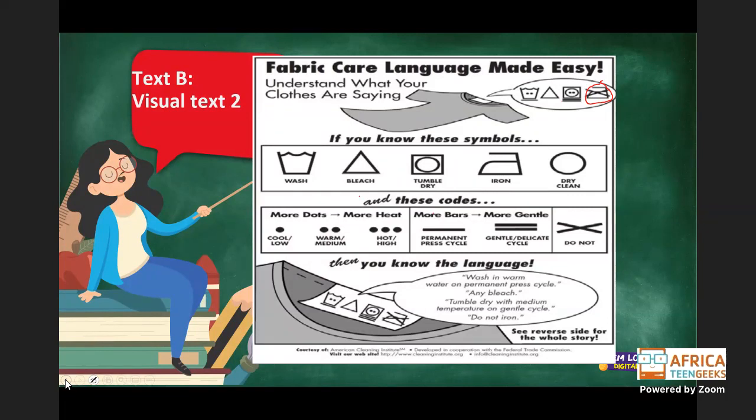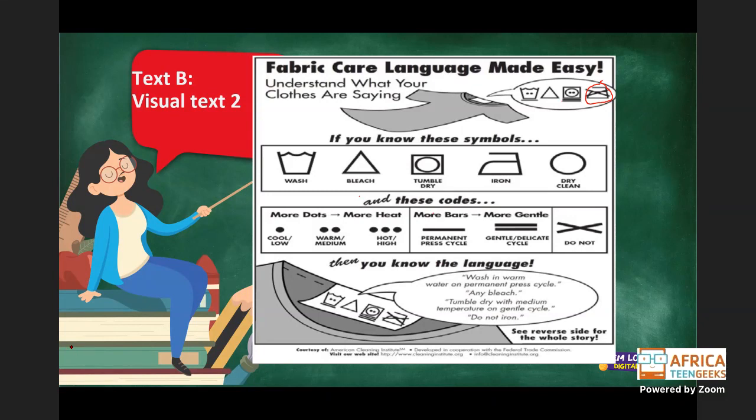What do you think the two dots mean? For the sake of time, it means that the garment or clothing can be ironed using warm or medium heat.